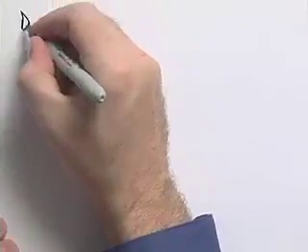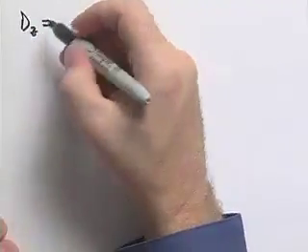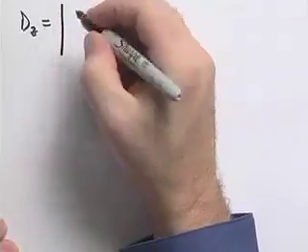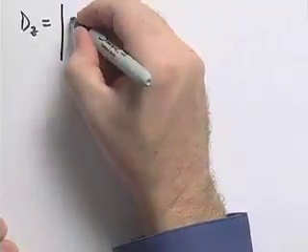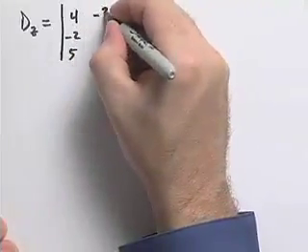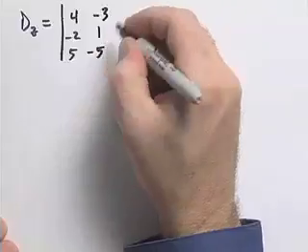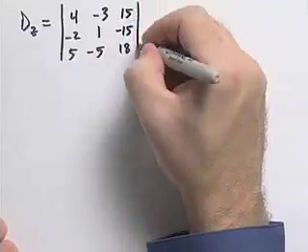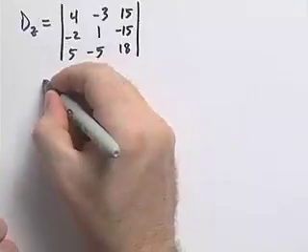Now we're going to find our last determinant, Dz. To find Dz, we're going to proceed, as we've done in the past, by replacing the coefficients for z by the coefficients on the right-hand side. So we get the determinant for 4, negative 3, 15, negative 2, 1, negative 15, 5, negative 5, and 18. Let's just expand across the first row again.